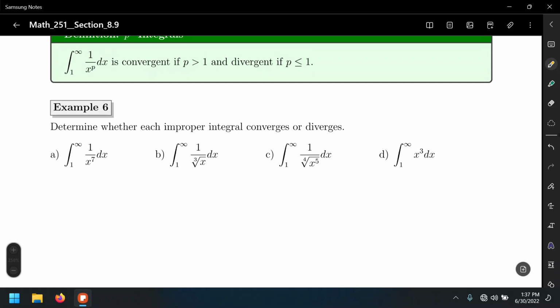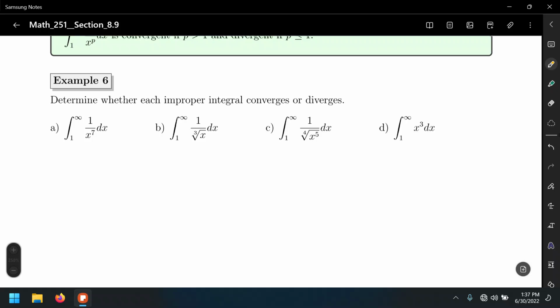The thing is that we need to observe these integrals. We're going to observe the power of the variable in the denominator of the integrand, and if that power is greater than 1, the integral converges. But otherwise, if the power is less than or exactly 1, the integral diverges.